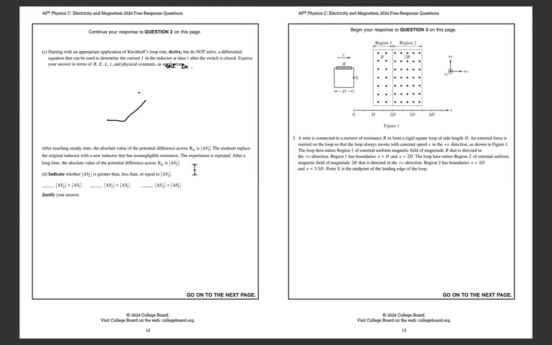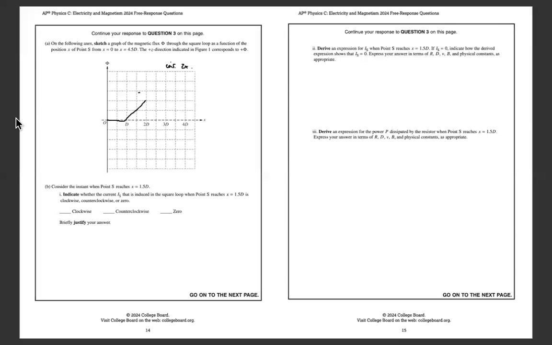So from 2D to 3D, when point S is going from 2D to 3D, what is happening there? Well, you're actually just doubling the magnetic field. Oh, okay, it's just a linear increase still, because you're just changing the flux to be twice as much as it would have been otherwise. Yeah, that's actually pretty easy. So there you go. Constant, then it goes down twice as fast.